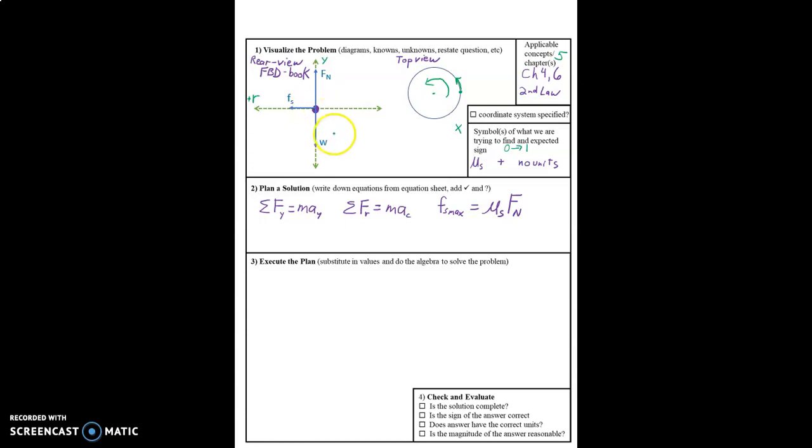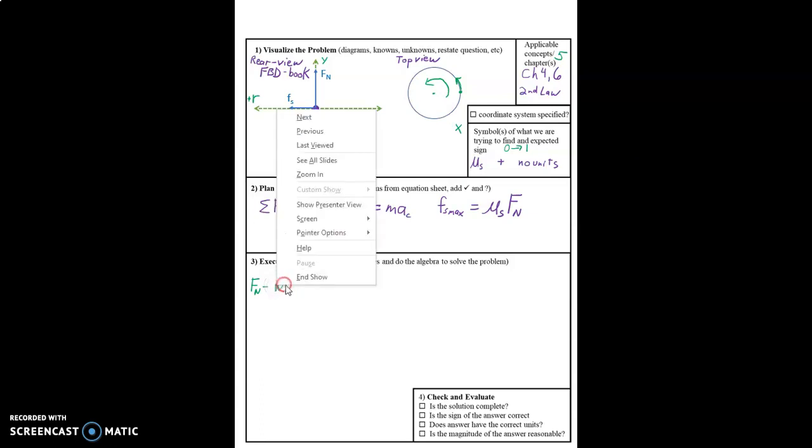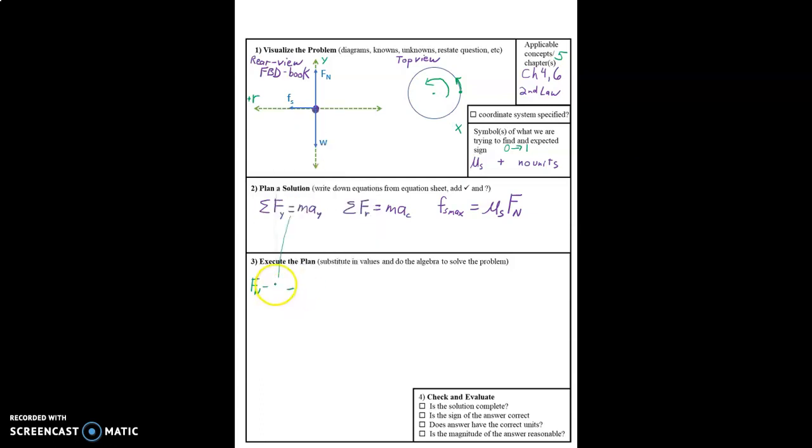Alright, so now we're going to proceed with our plan, which is to use these three equations here. So we'll go ahead and do this one. So we have normal force minus weight equals MAY, and the book is not changing height throughout the entire time, so it has zero acceleration in the Y direction.